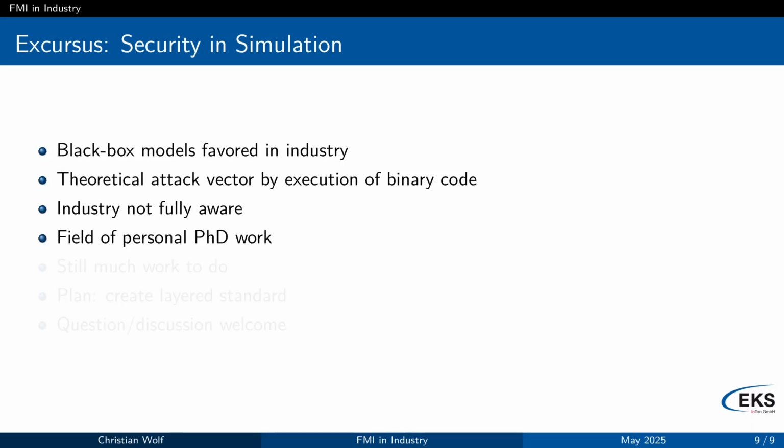The problem here is that theoretically there is an attack vector possible, to execute arbitrary binary code on the machine of your vendors or whoever you give your components to. So in industry, this is a no-go. You may not execute such an FMU.